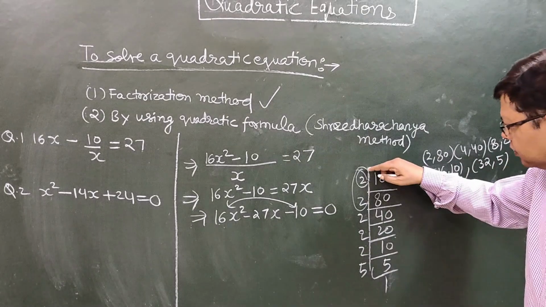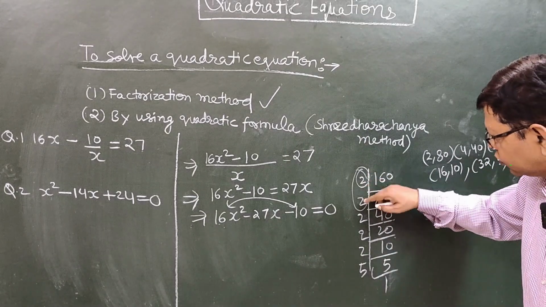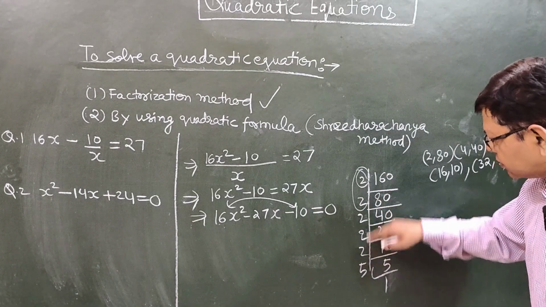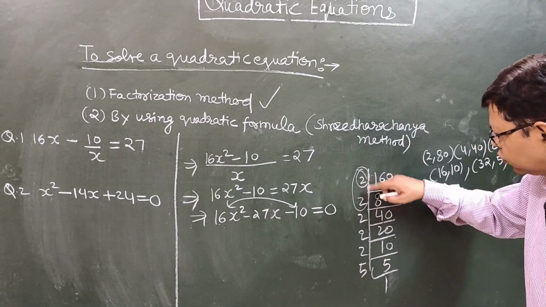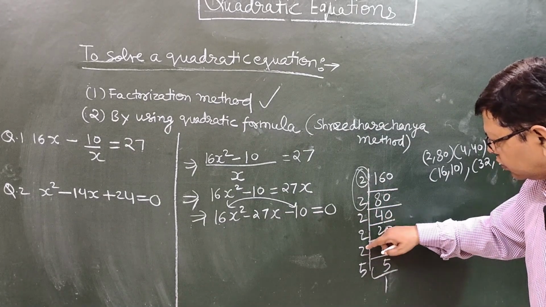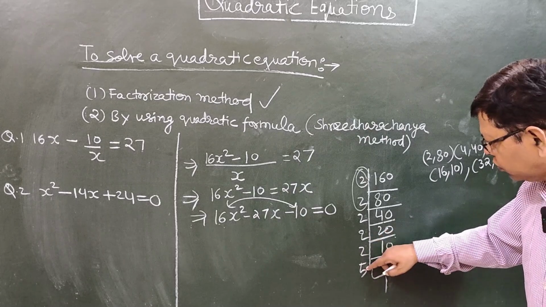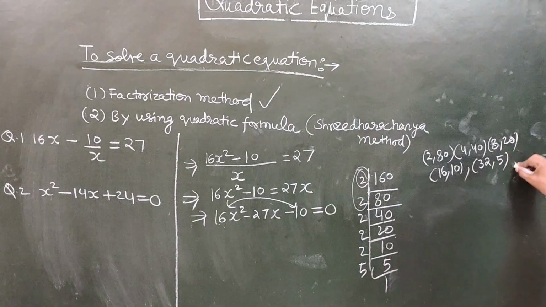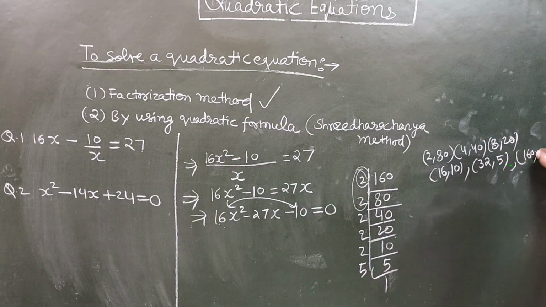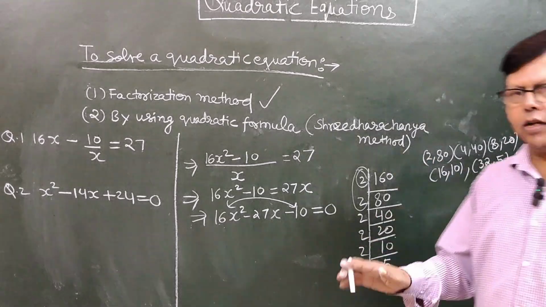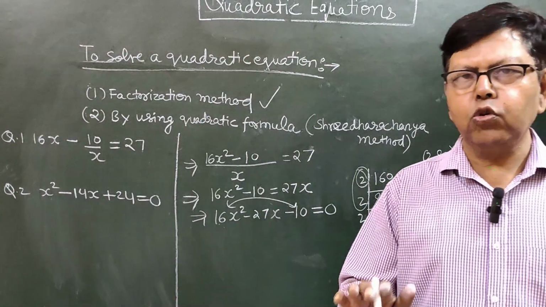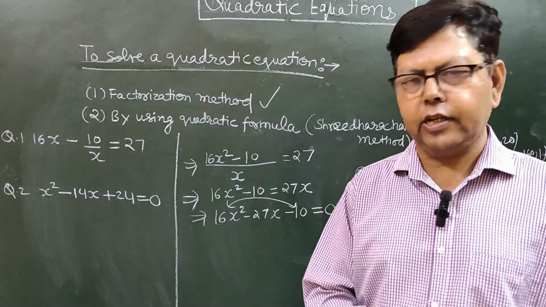Next pair, taking 5, 1, 2, 3, 4, 5, 6, that is 2, 4, 8, 16, 32, 160 and 1. So I have got the different pairs whose product is 160.